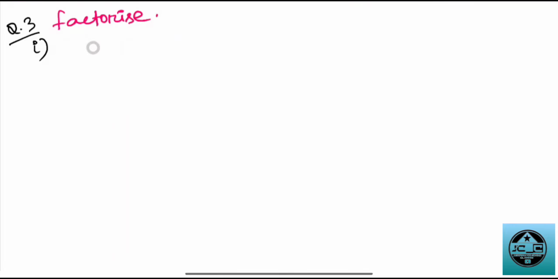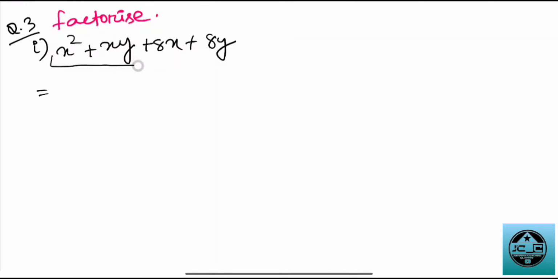The first question from question number 3 is x square plus xy plus 8x plus 8y. Now we have to do pairing of the terms. What is the common factor out of these two terms? It is x, isn't it?